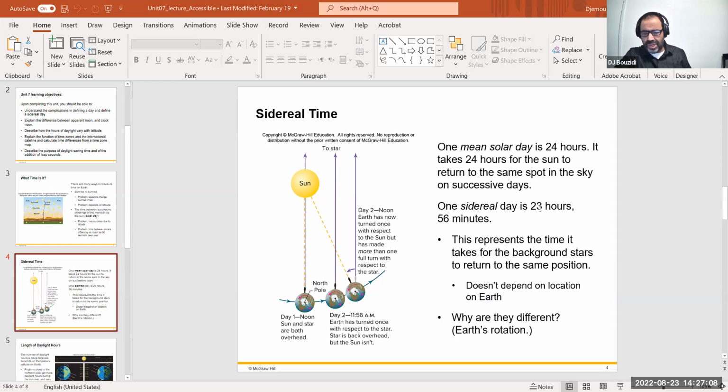Actually, the day is 23 hours, 56 minutes and 4 seconds and some change. So it's actually not exactly 4 minutes difference, but it's 3 minutes and 55 seconds and some change. So it's 3 minutes and 55 seconds. Okay, so that's basically the difference between the solar day, as we define it from meridian to meridian, and this day, which is really in reference to any background object in the sky. Okay. Yes, Alex.